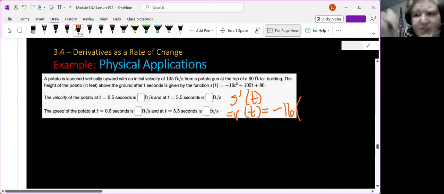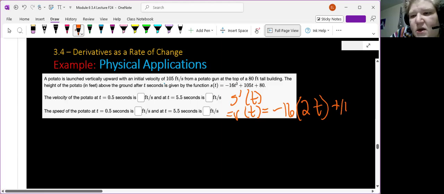Otherwise, is it a multiplication or is it a decimal? In my writing with no lines, it is confusing. So parentheses, and then the derivative of t squared, powered down, 2t to the 2 minus 1, which is just 1. So I'm going to be lazy and just delete it there.